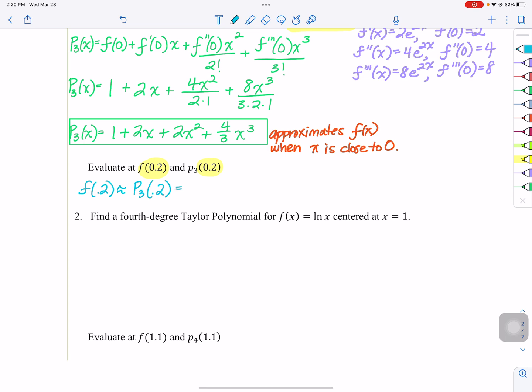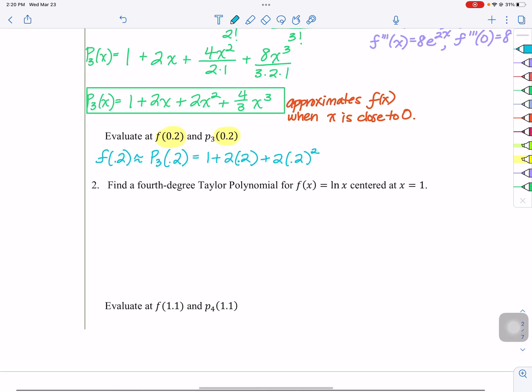And that's equal to 1 plus 2 times 0.2 plus 2 times 0.2 squared plus 4/3 times 0.2 cubed. And I came up with 1.4907.